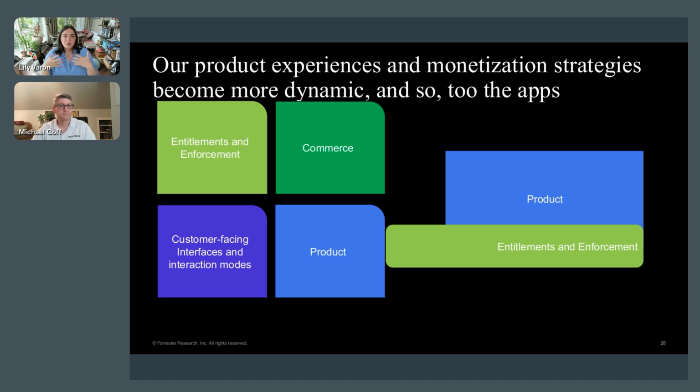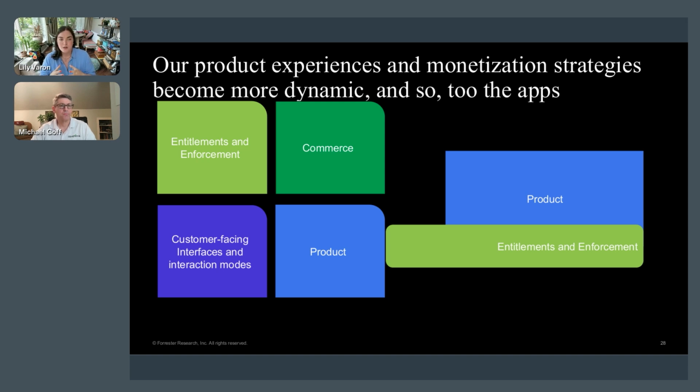In order for that whole middle and back office to work to support that more dynamic front office experience and that customer journey that you want to deliver in a usage-based model, or in a model in which agents are talking to each other, which may be two different kinds of interaction modes that need to be designed for, we have to think about that product experience and that customer journey much more.